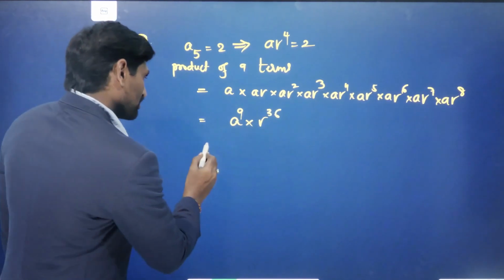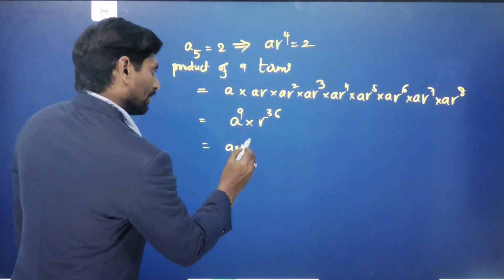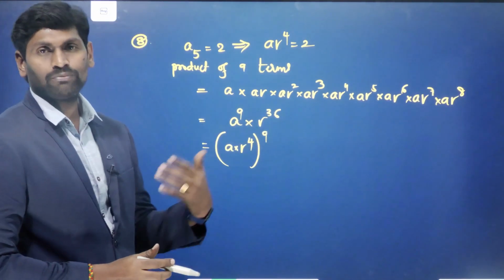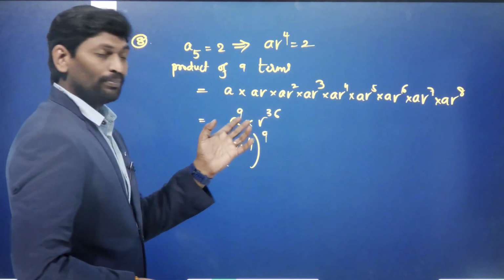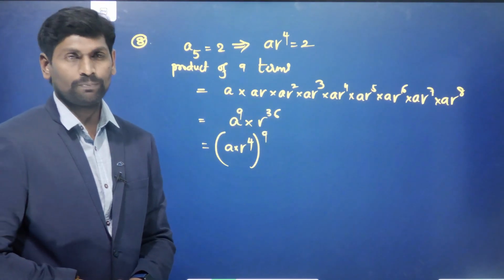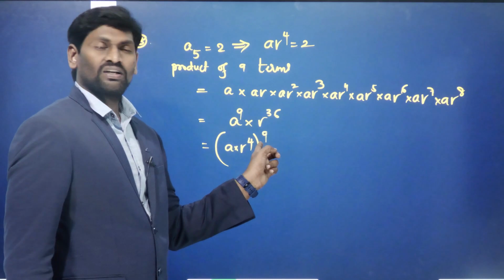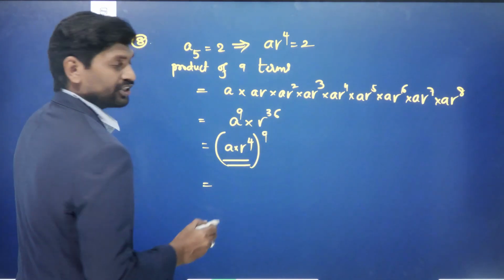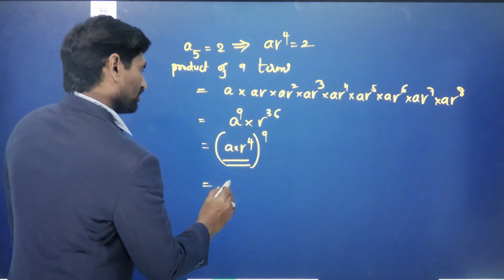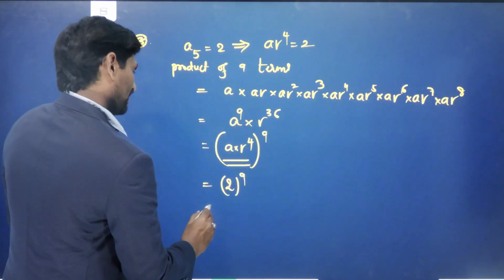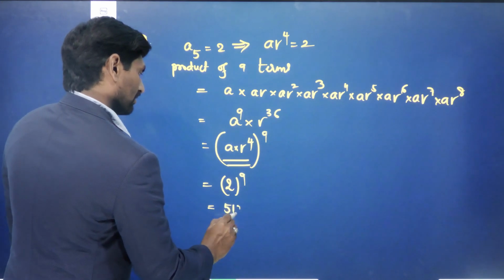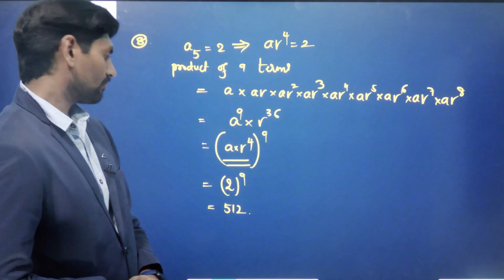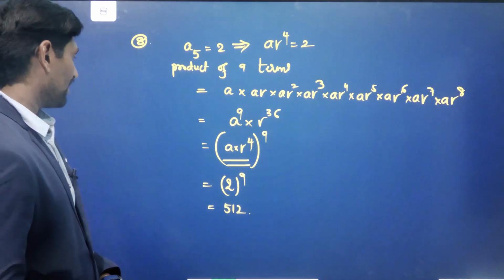Now I am going to write this as A into R power 4, whole to the power 9, like the formula A into B whole power m equals A power m into B power m. So A power 9 into R power 36. But we already know A into R power 4 is the fifth term value, 2. 2 power 9 is nothing but 512.